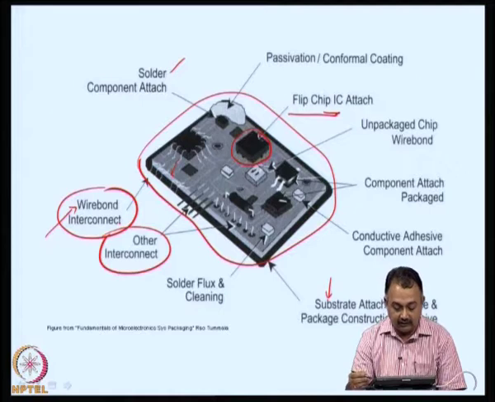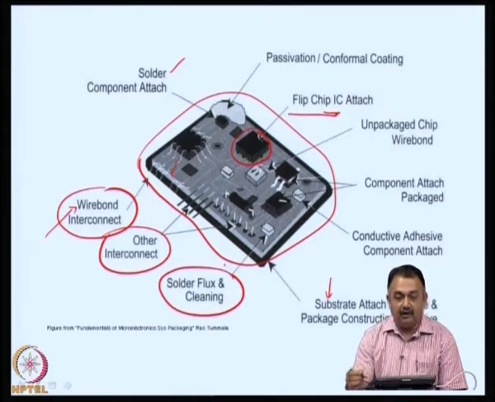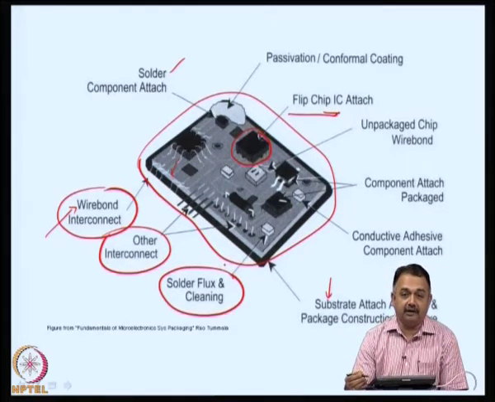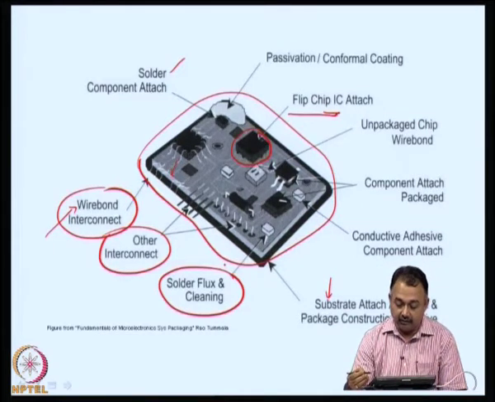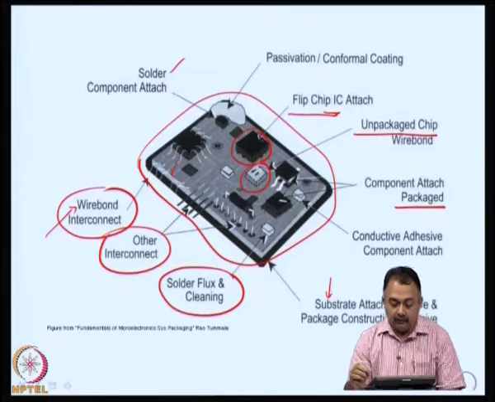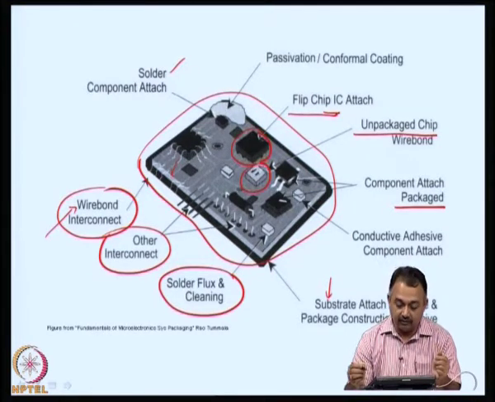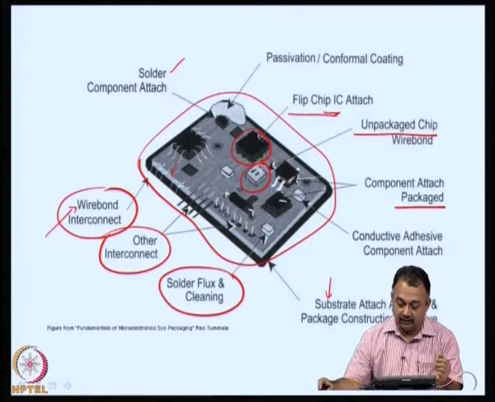We are going to see that. Then during the process, have you taken care of cleaning residues that can possibly affect corrosion and so on? It can reduce the reliability of the board. What kind of package material have you used? If you are using an unpackaged chip on board, how do you protect it? These are some situations that I am giving beforehand, which will be dealt with during the course of these lectures.